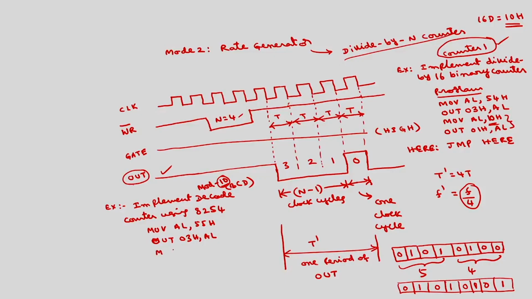Move AL comma 10H, out onto counter 1 whose address is 01H comma AL. So if I connect this out signal to the CRO, this will divide by 10, which is a decade counter. You have to wait so that this operation continuously repeats, jump here itself.